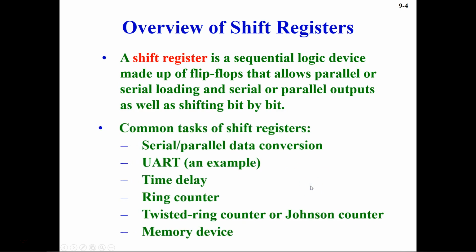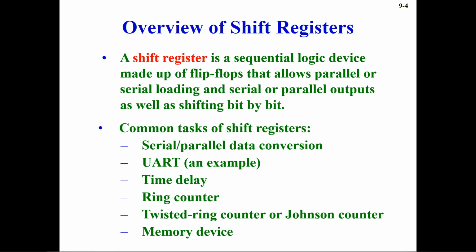It can be used in serial or parallel data conversion. It can be used in UART, which stands for Universal Asynchronous Receiver Transmitter. It's basically used as a physical circuit in a microcontroller or in a standalone IC, and the main purpose of the UART is to transmit and receive serial data. And then we have time delays. It can be used in providing time delays.